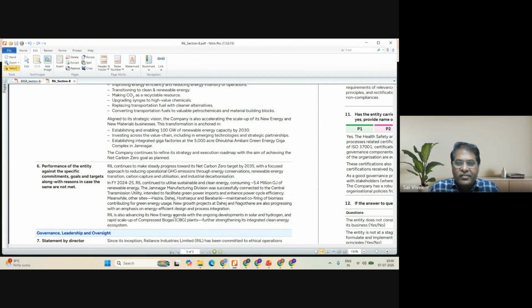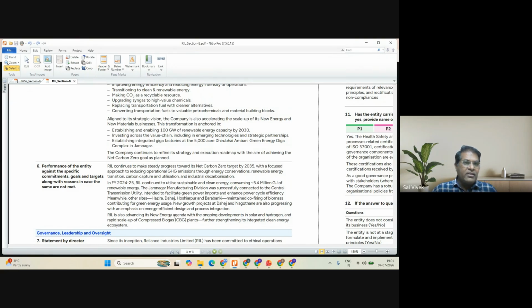New growth projects at Dahej and Nagothane are also progressing, with an emphasis on green, efficient design and process integration. It also says that Reliance is advancing its new energy agenda with ongoing developments in solar and hydrogen and rapid scale up of compressed biogas (CBG) plants, further strengthening its integrated clean energy ecosystem.